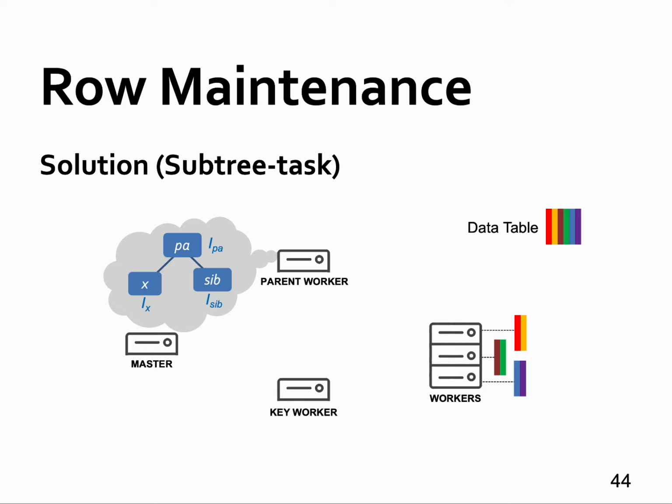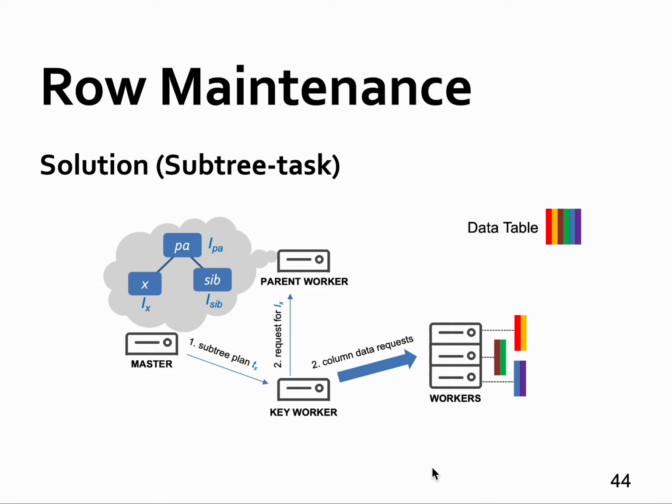With this scheme, let us first consider a symmetry task. Initially, the master sends the symmetry task to its selected key worker without any row indices. Then the key worker first requests the row indices for the current node X from its parent worker pa, so that it can get those entries for the target column of prediction, which is locally loaded.